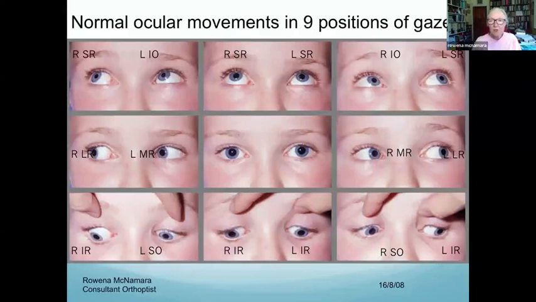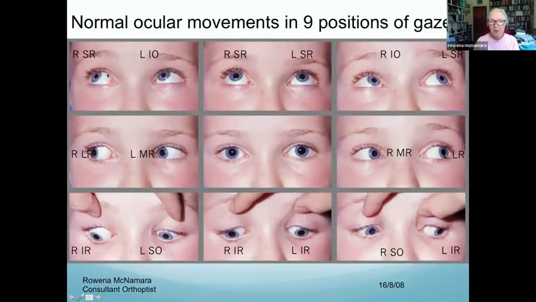And we talked about testing the eyes of a patient in directions of gaze to find out which muscle or muscles are not working properly. So when we ask the patient to look up, we're testing the action of the superior recti.